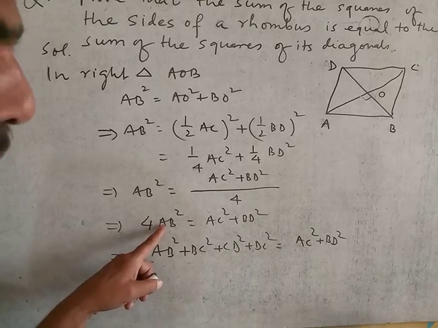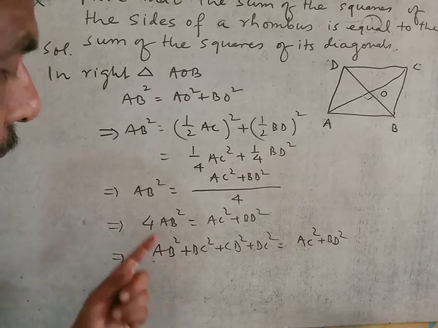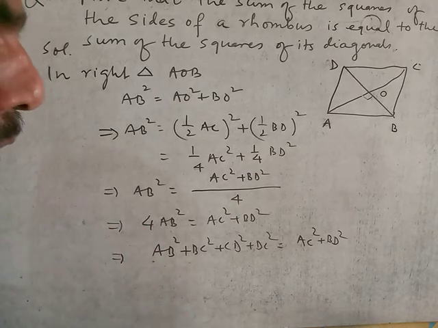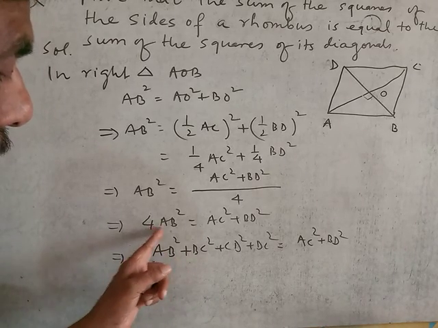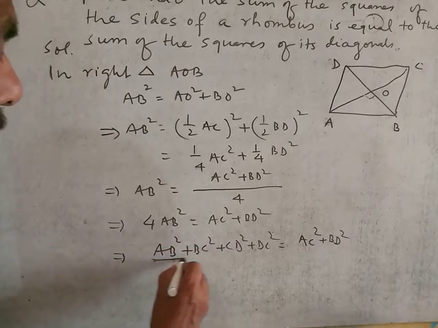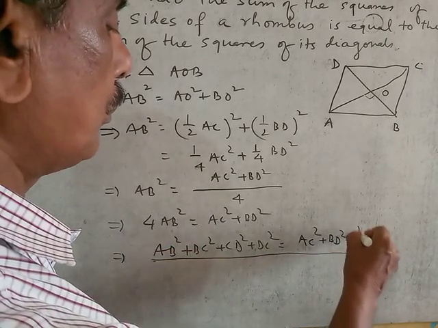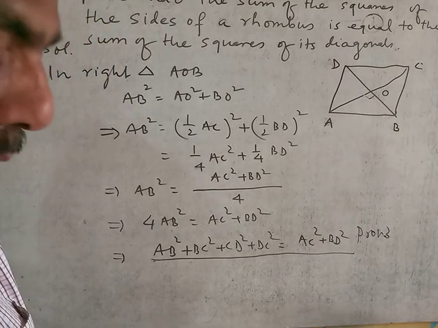Because this is 4AB, and AB is equal to BC is equal to CD is equal to DC, so all the sides are equal. Therefore 4AB square becomes AB square plus BC square plus CD square plus DC square. This is the proved last statement. It's correct.